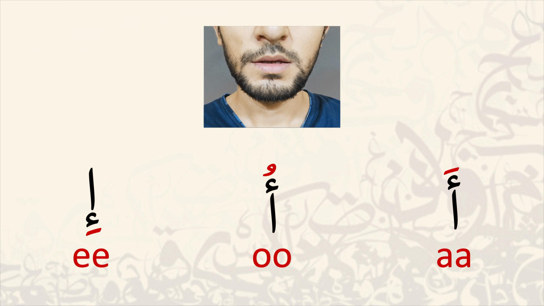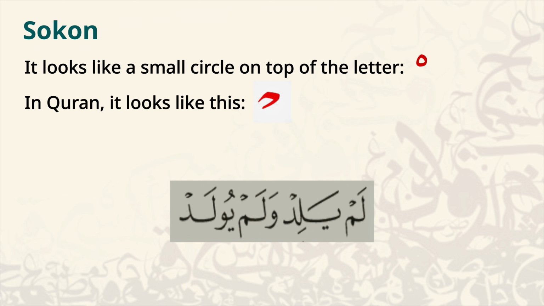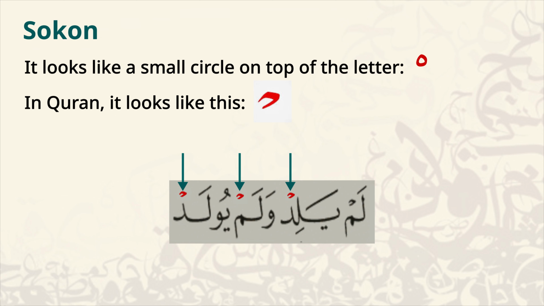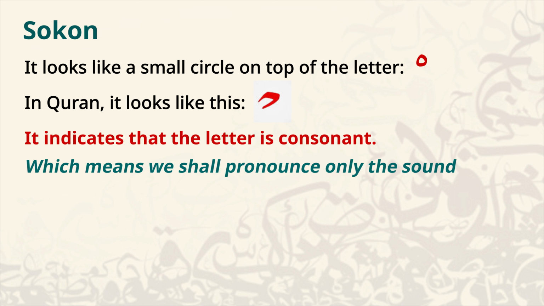There is a fourth basic label that's very frequent and essential in Arabic, which is called sukun. It looks like a small circle that's used to be on top of letters. In Quran, it looks like a small ha head. This label indicates that the letter is consonant, which means we shall pronounce only its sound with no label, like Fatha, Dhammah, or Kasra.